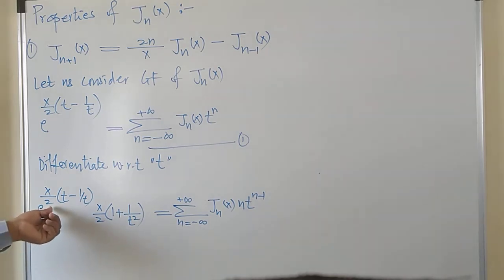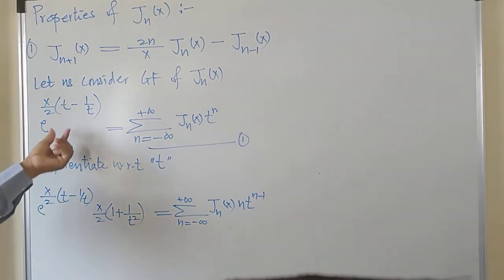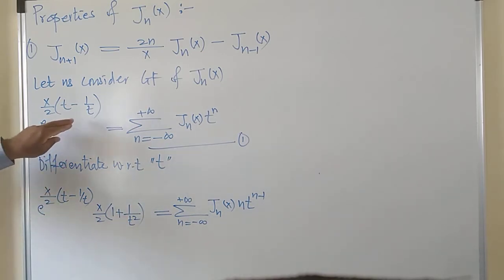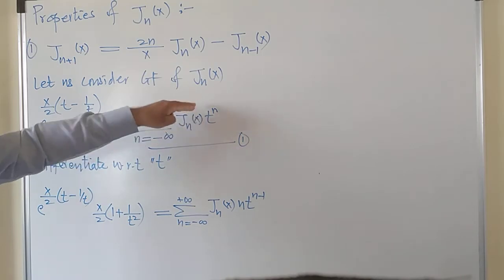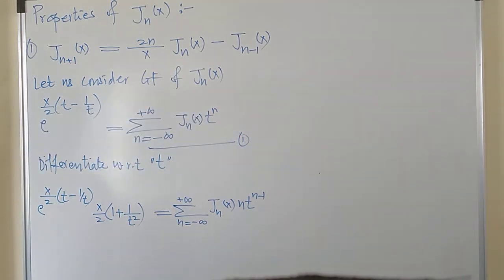Now I can write e raised to x by 2 into t minus 1 by t, that means it's the generating function, and for this I can use the summation Jn of x t raised to n, right?